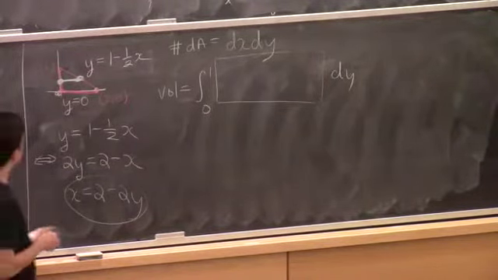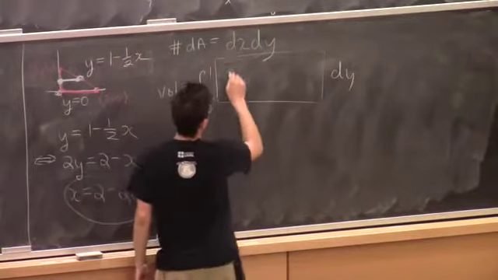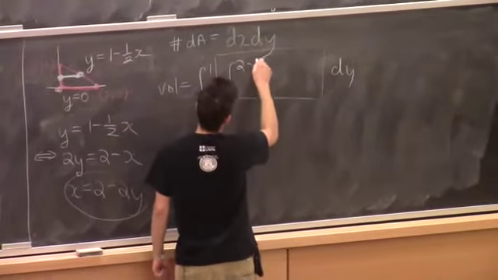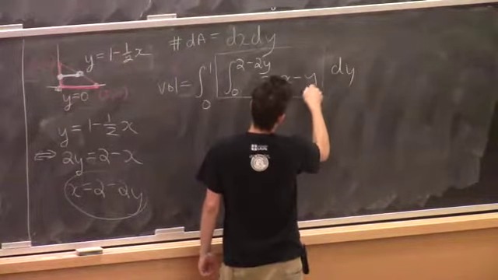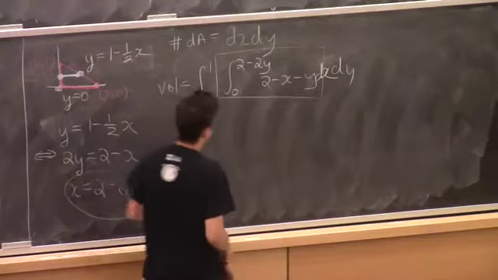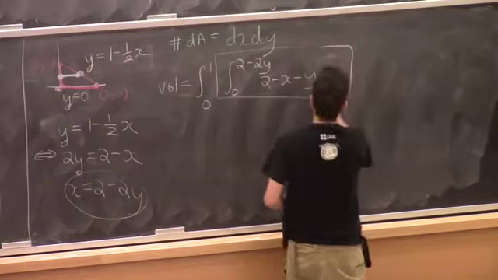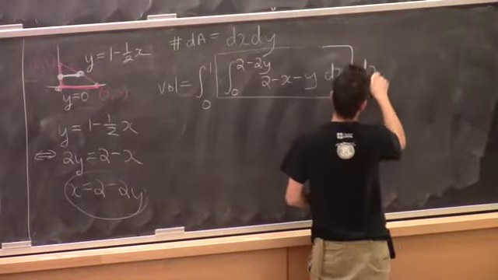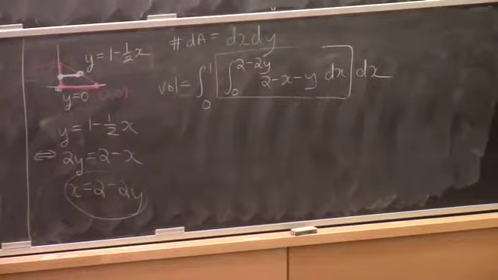They're going to go from 0 to 2 minus 2y. Okay.